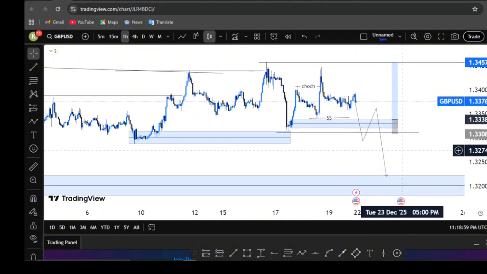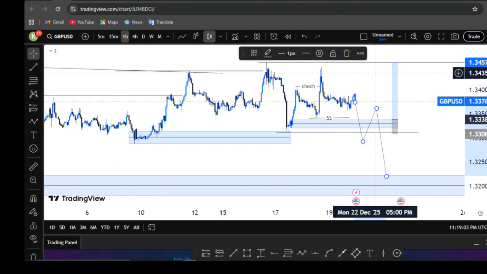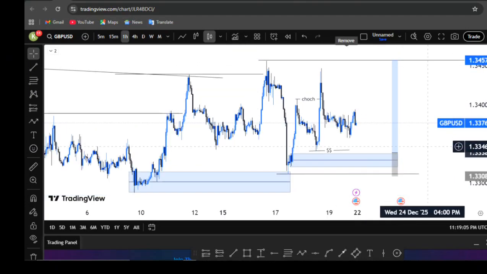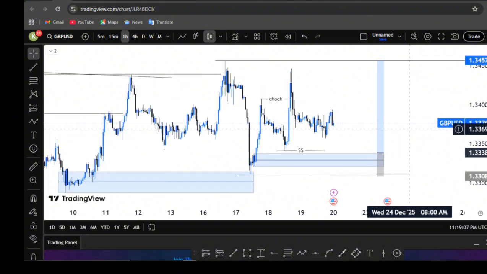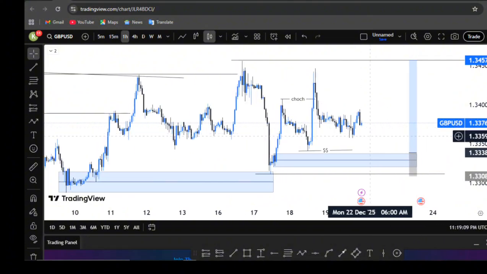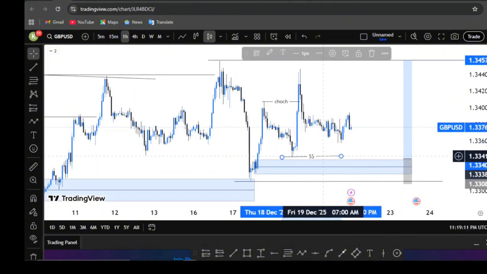Once it breaks here, it means this zone has failed to hold prices, meaning I'll look for more sales up to this demand zone for me to trade buys up to my supply zone.